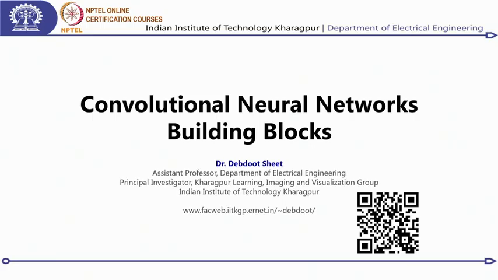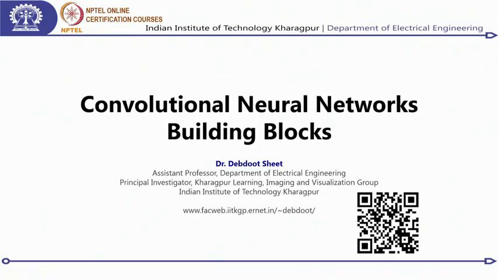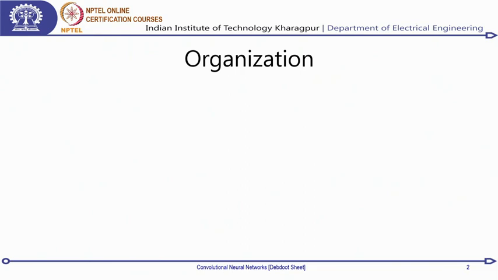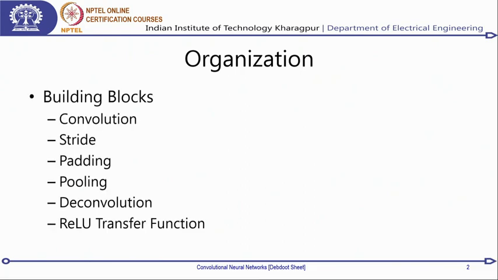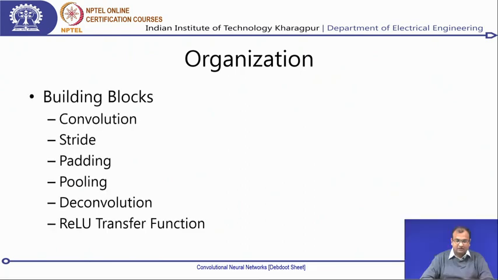What I have for CNNs today is just the basic building blocks, and I will be explaining what these building blocks are. Within them we will study convolution as an operator, and what is called a stride, or how the movements happen in the x and y directions.